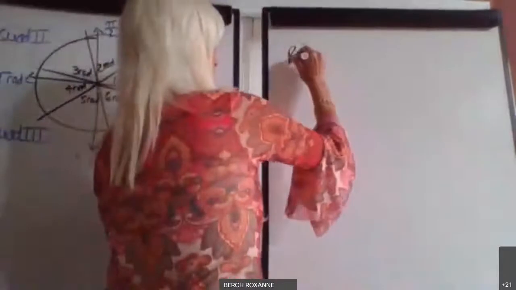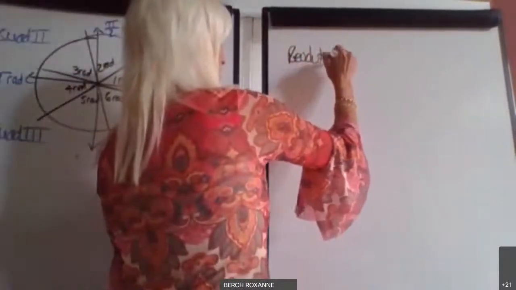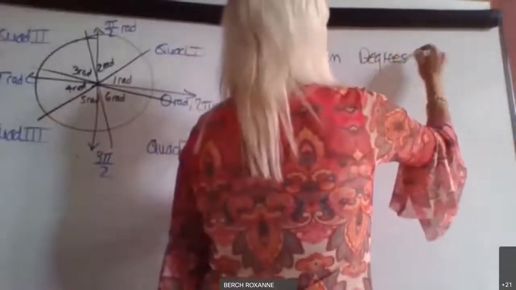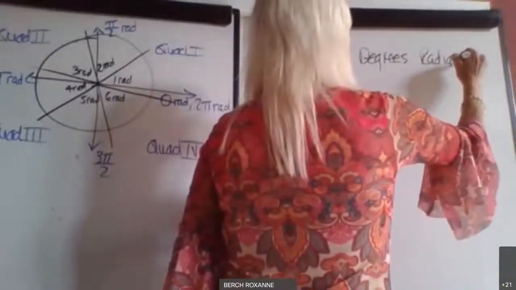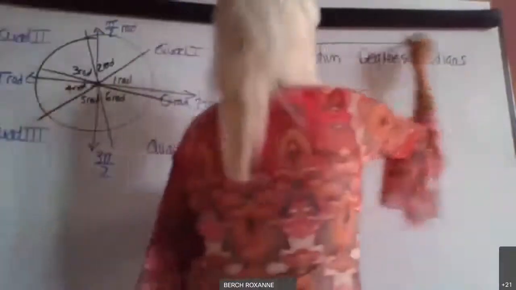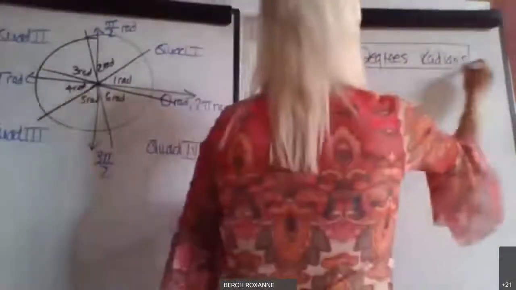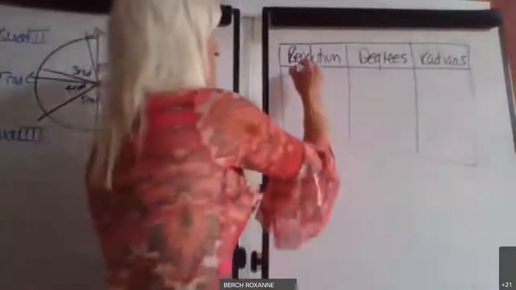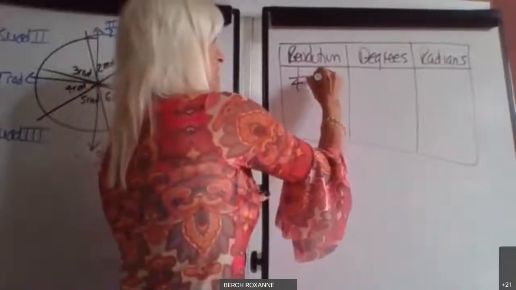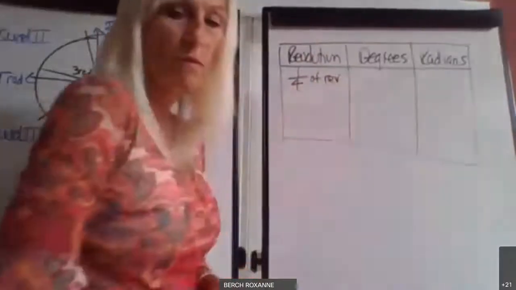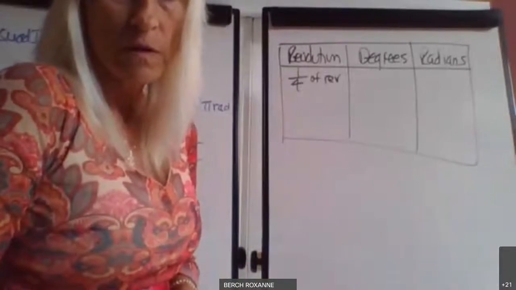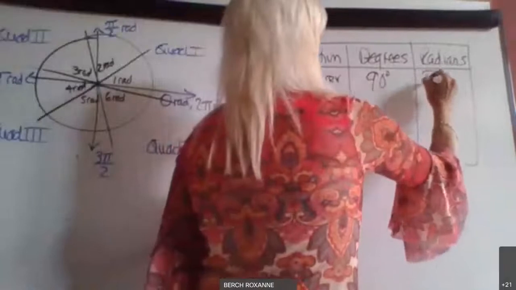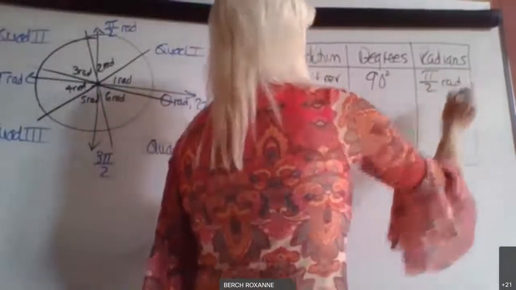All right, so if you have a revolution, making a table, what does it look like in degrees? And then what does it look like in radians? So a fourth of a revolution would be 90 degrees, also known as pi over 2 radians.